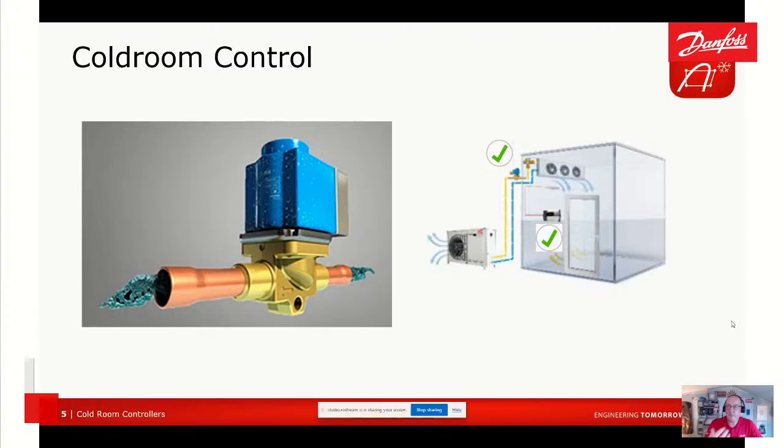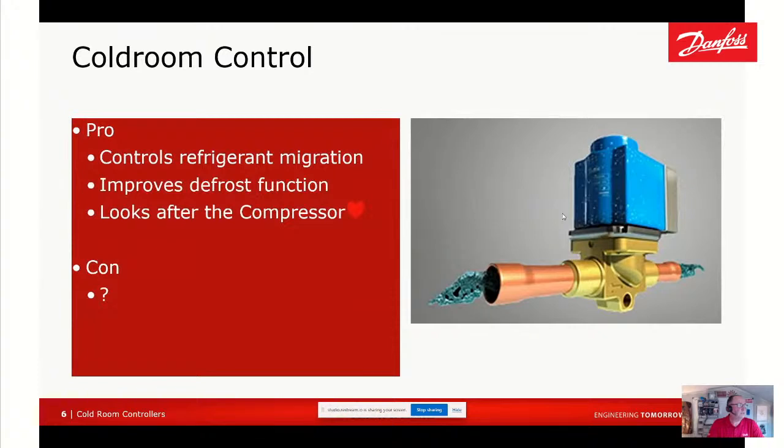So that's the function of the solenoid valve. You can see there we've got our cold room, we've got our solenoid valve in the liquid line, and we've got our controller, whatever that may be. If we go down, and this is what we were discussing before, the pro of using pump down is we control refrigerant migration.